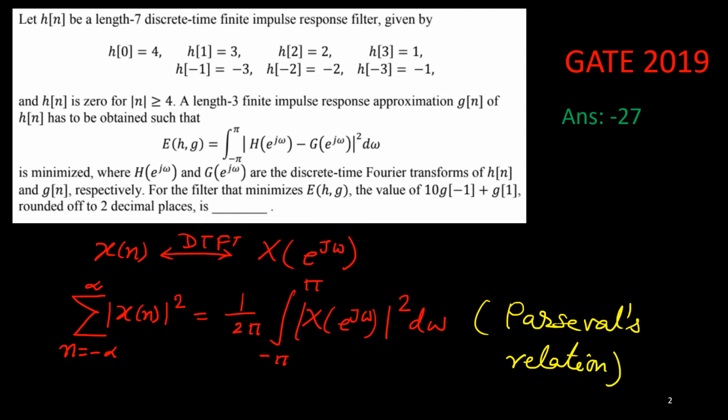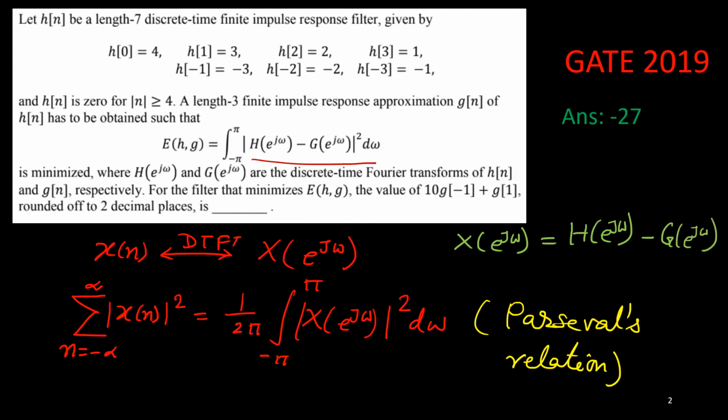Now you see this right side form is very similar to this one only. Here this capital X of e to the power j omega is given in this form. So what you can consider, this capital X of e to the power j omega equals h of e to the power j omega minus g of e to the power j omega.